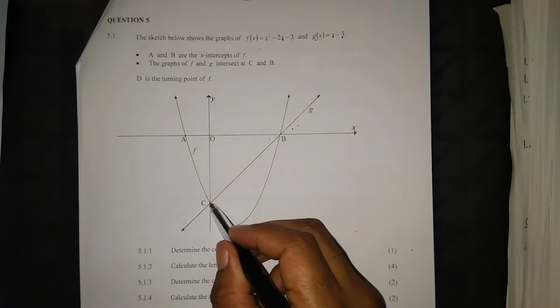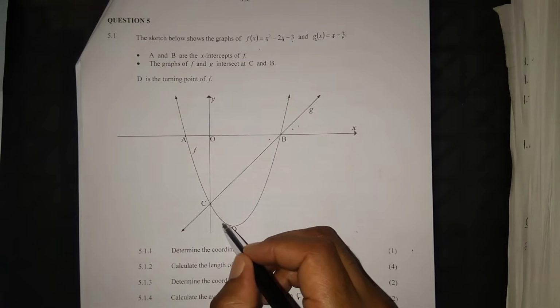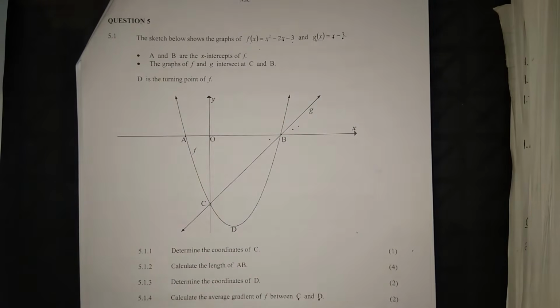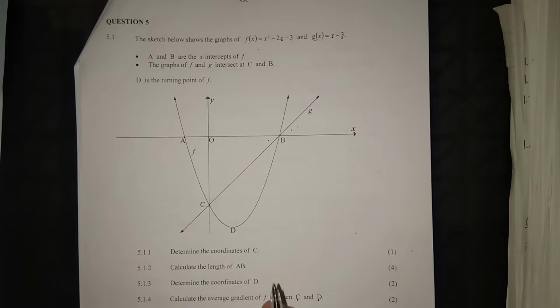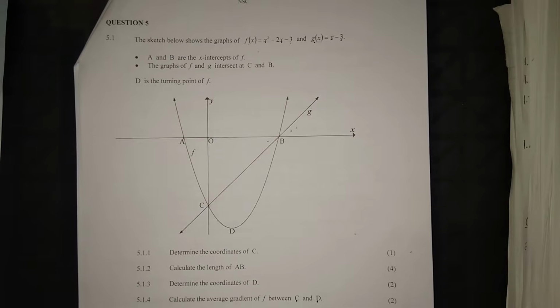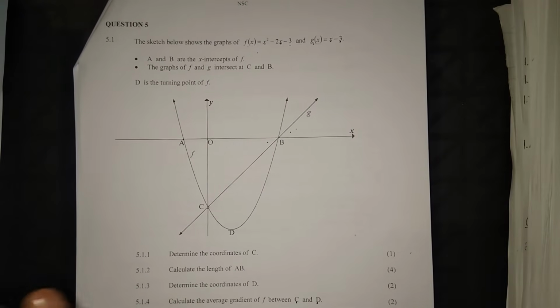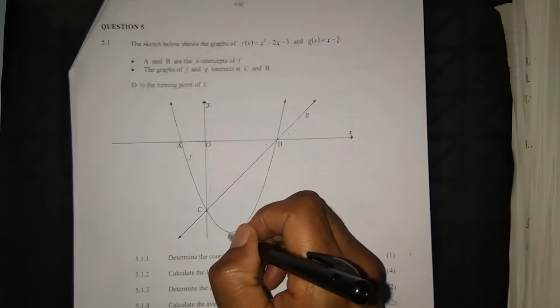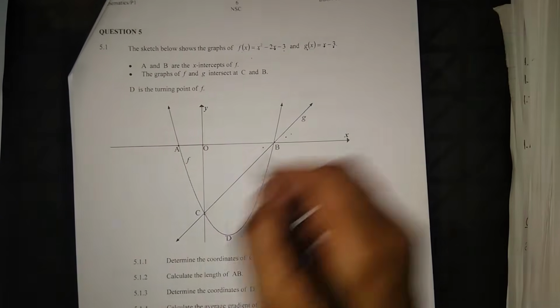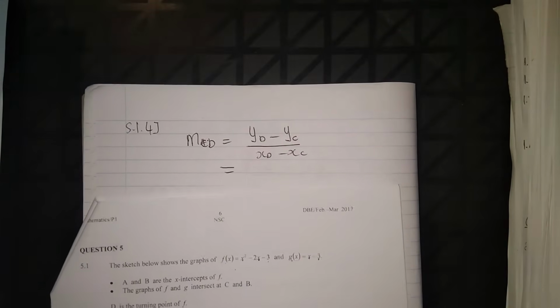Between C and D, this is not a straight line but a curve, a parabola, so we calculate the average gradient, because a parabola is a curve, but on a straight line we just simply say calculate the gradient.